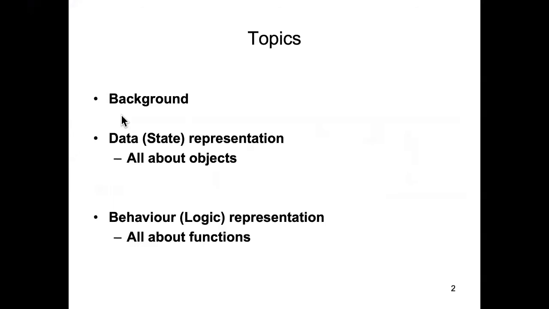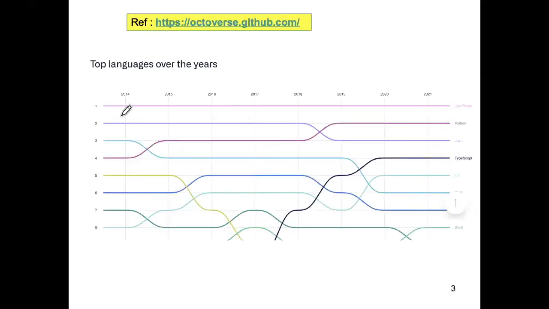Right, I'm going to give a very quick background to the language itself. I won't bore you with that kind of stuff. Then we'll get into how we represent state or data in JavaScript, and then move on to how we represent logic or behavior. I won't get to the behavior part today, I don't think, so it'll be mainly looking at state representation in the language.